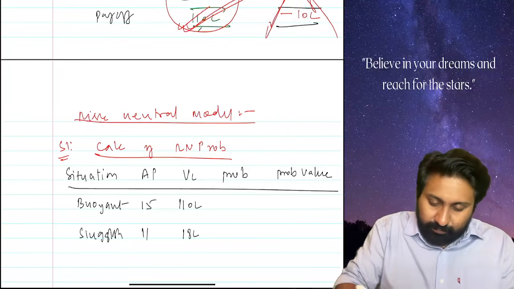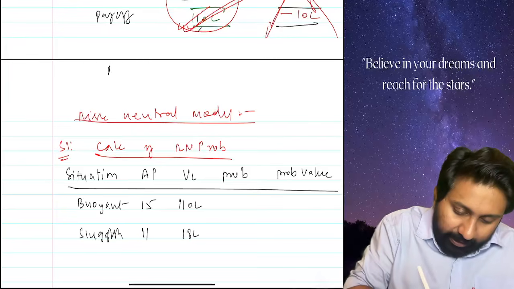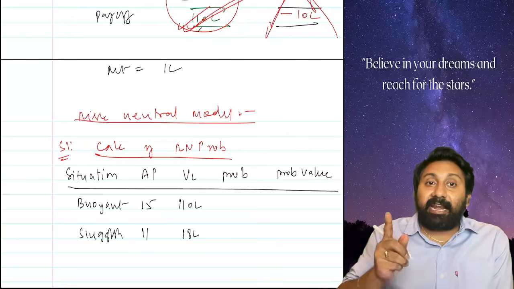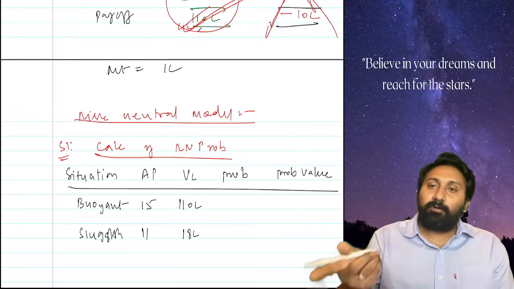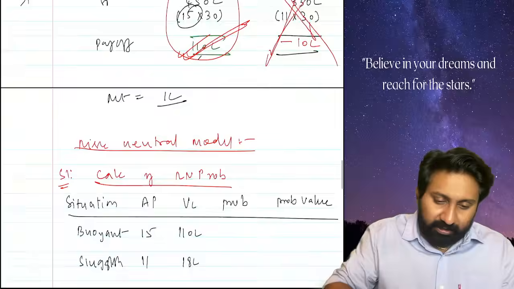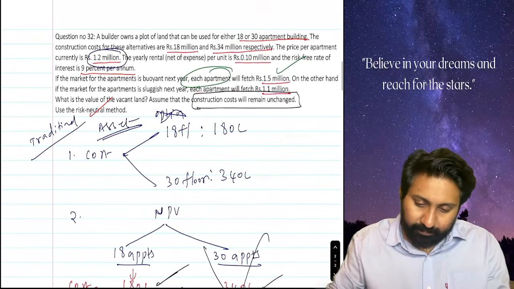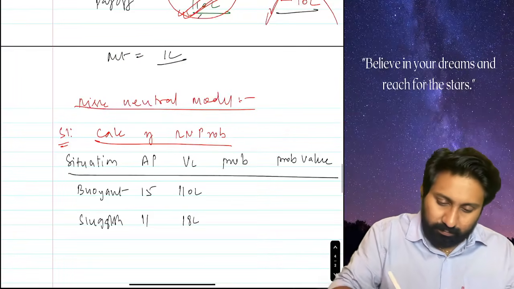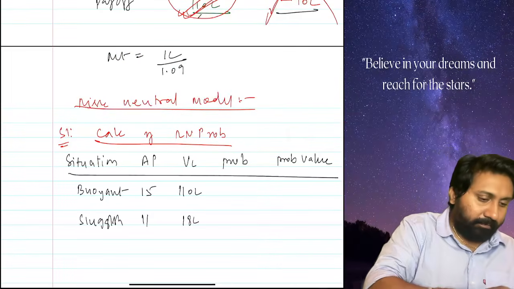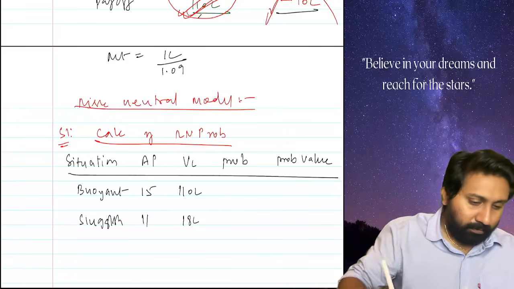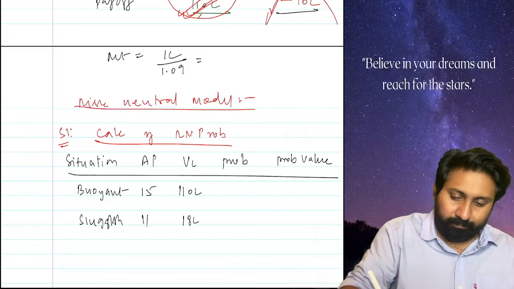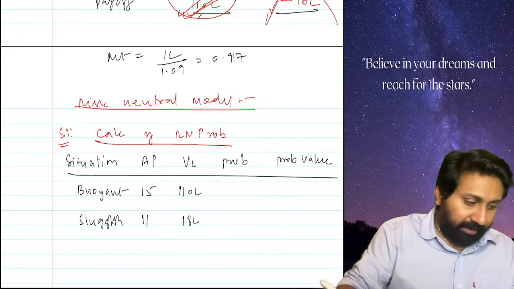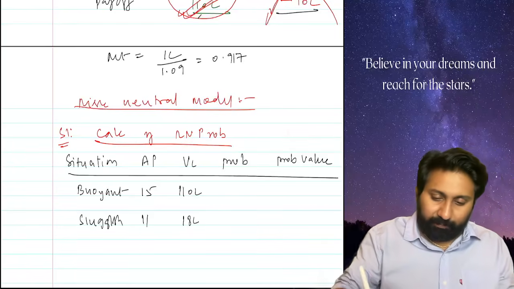See here how to do rent. This 1 lakh rent is a rent you will get after 1 year. So you calculate a present value for that, divided by the discount rate given, 9%. That is 1.09, which gives 0.917.